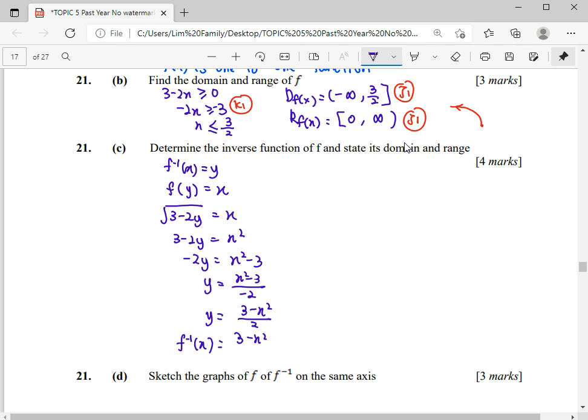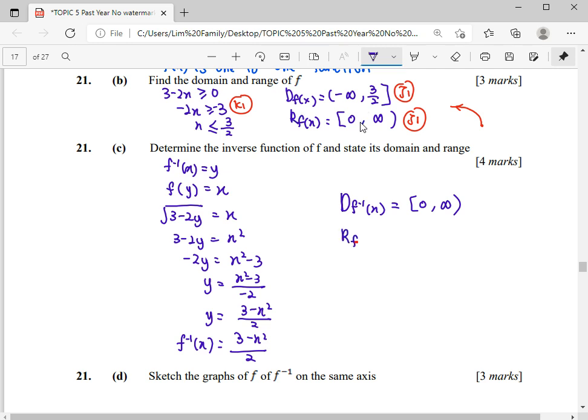Once we find our y, because originally we let f inverse equal y. So once we find our y here, that will be our f inverse. So what is its domain? The domain of f inverse refers to the range, which is 0 to infinity. The domain of f inverse refers to the range of the function.